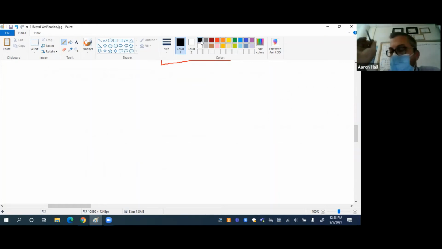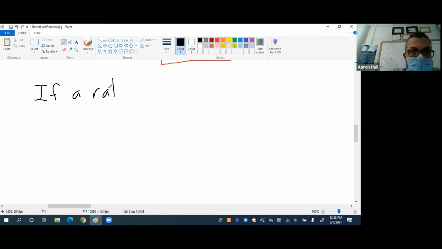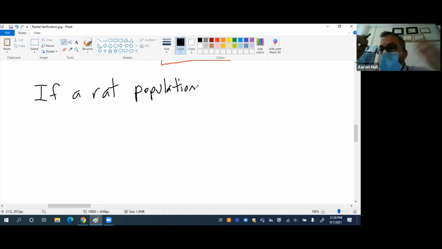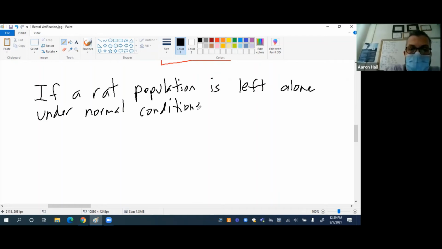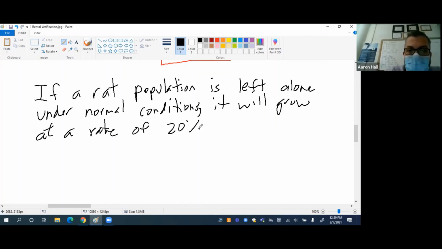This is something I pulled out of another book, but approximately, if a rat population is left alone under normal conditions, it will grow at a rate of 20% per week.